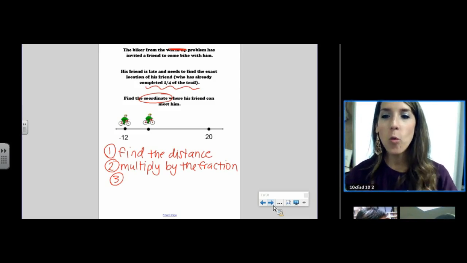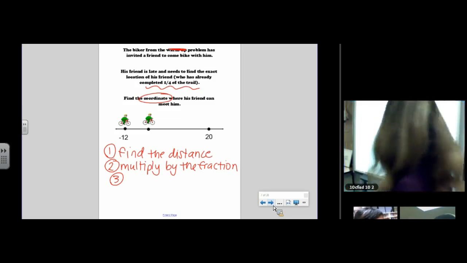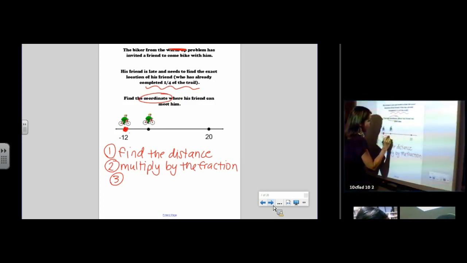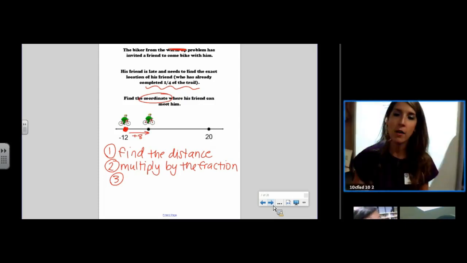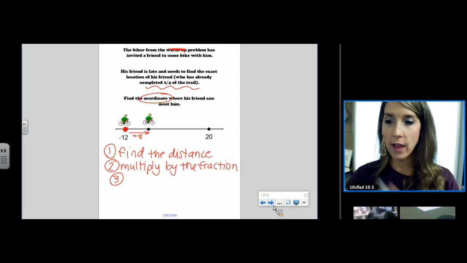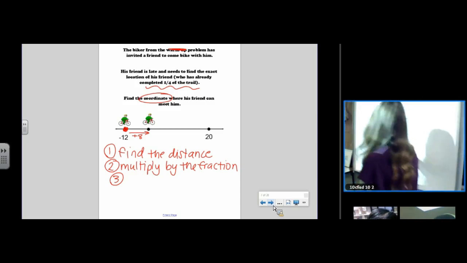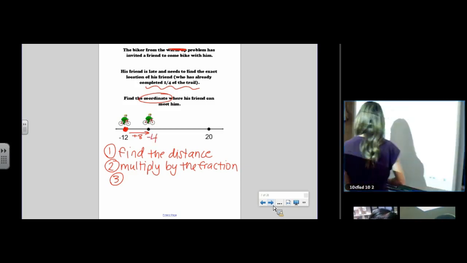So to find out where Joe Bob is, we need to take the starting coordinate. Here's my start. And we need to add 8 to it. -12 plus 8. Travel 8 in the positive direction of the number line. And where do you land? -4.